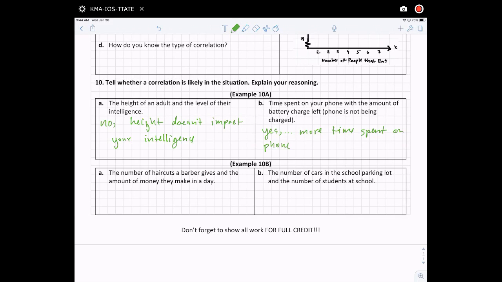Yeah, so then unless maybe your phone's a little old and you do an update, but it just happens to die a lot faster for some reason. Okay?